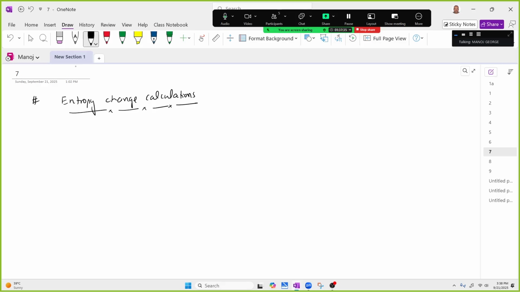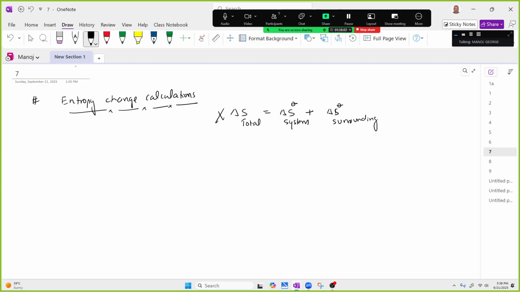Just so that you don't get confused, if you look at the textbook, you might find this formula: entropy change total equals entropy of the system plus entropy of the surrounding. You may find this beautiful formula somewhere, but this formula is not in Cambridge for you.